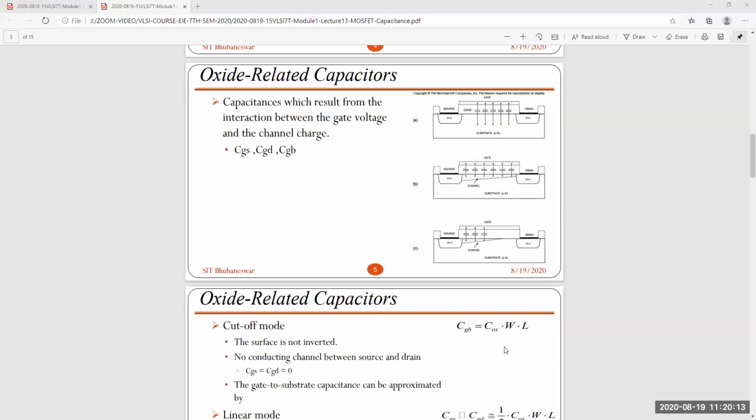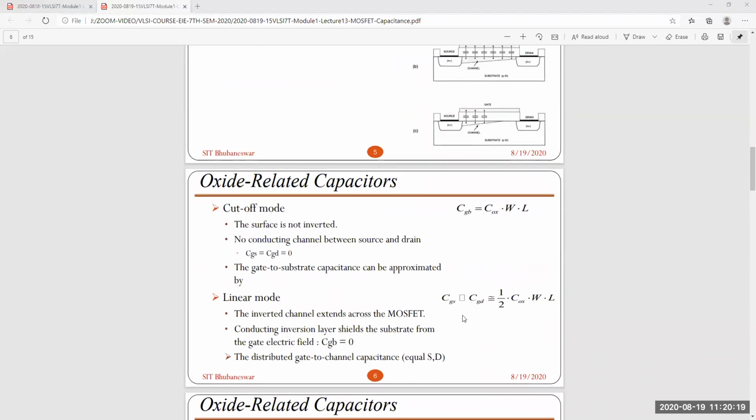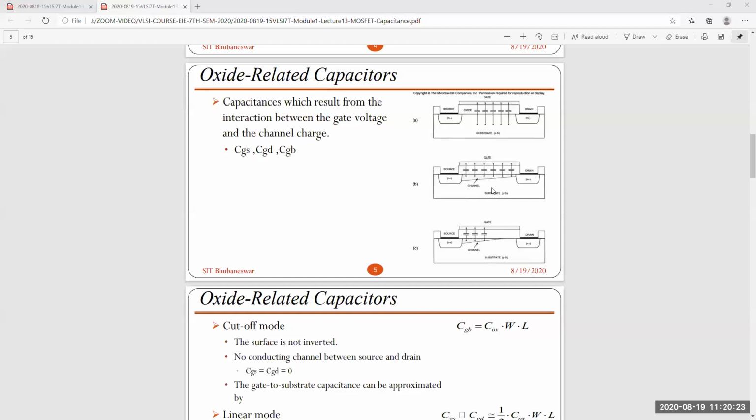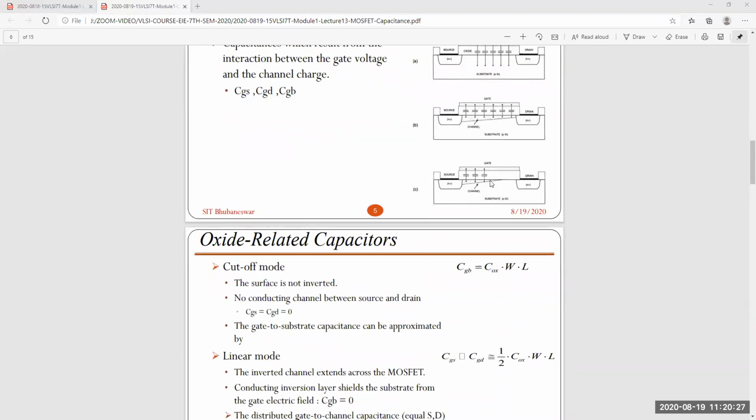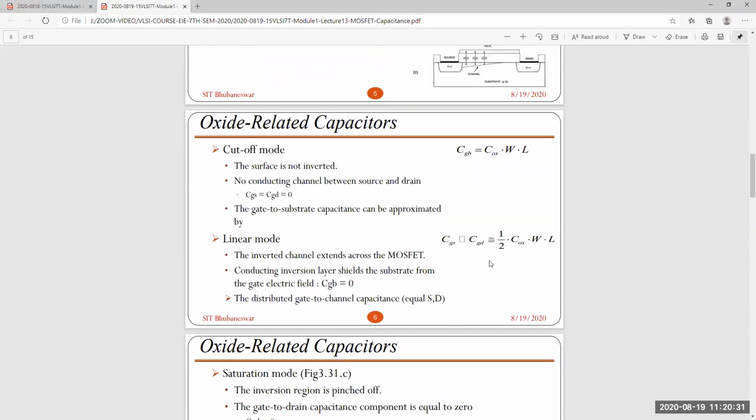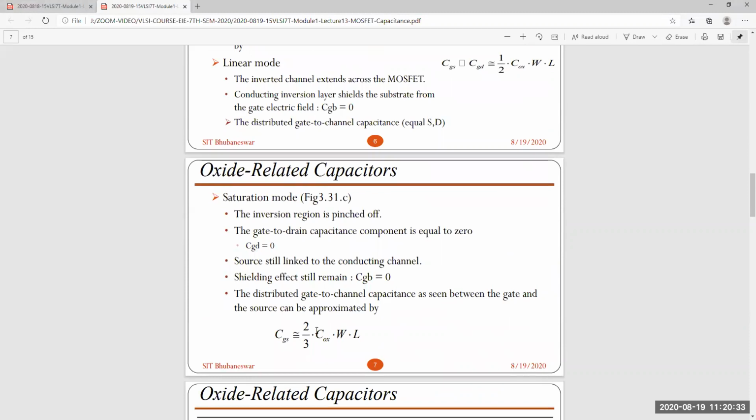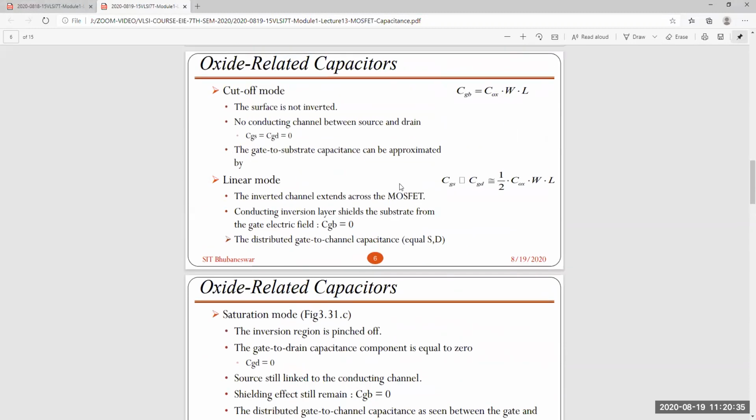Here near the cutoff, this is Cox into WL, complete gate to bulk. But here in linear, it will be half. Here in the saturation, this is 2/3. This is linear mode, half Cox WL, CGS or CGD.